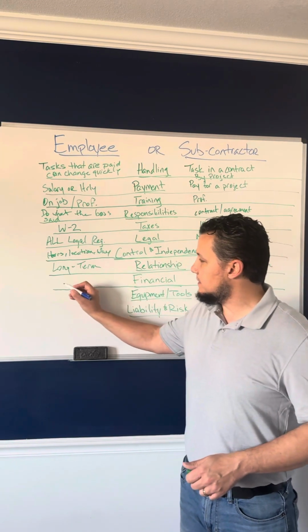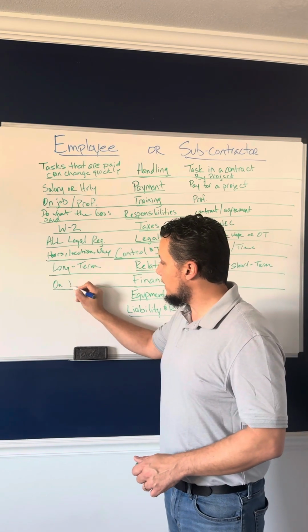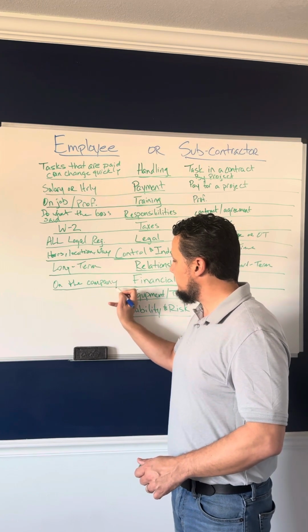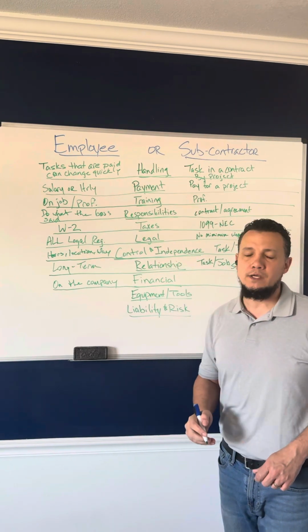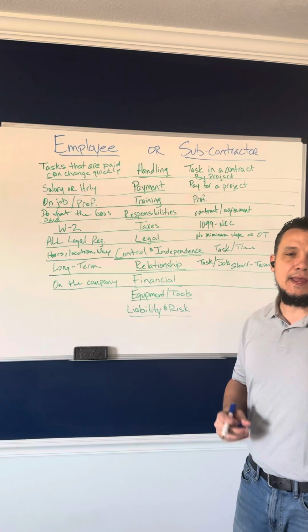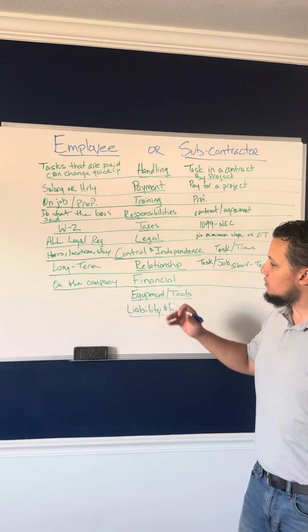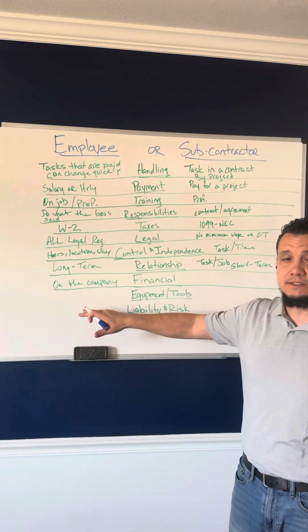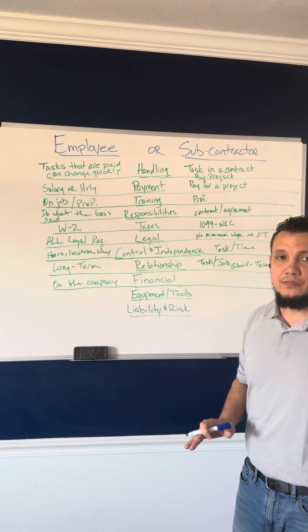All of that is on the company. It is your responsibility as the employer to make sure that everything is set up to where the financial responsibility of operating your business has nothing to do with them.